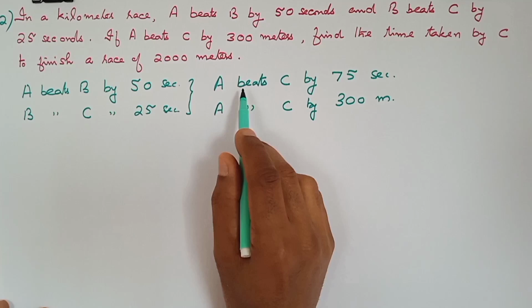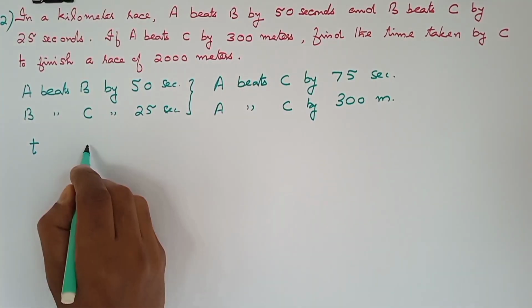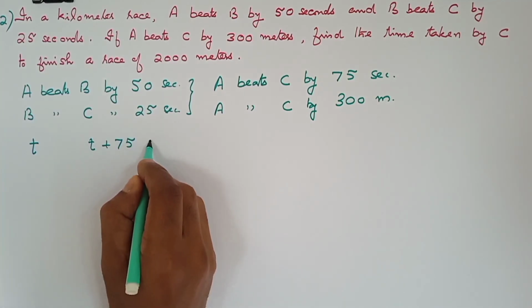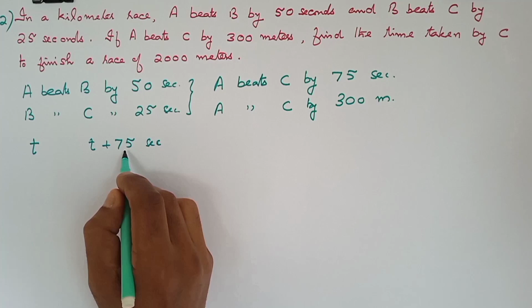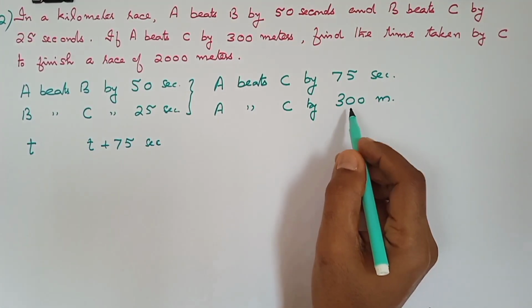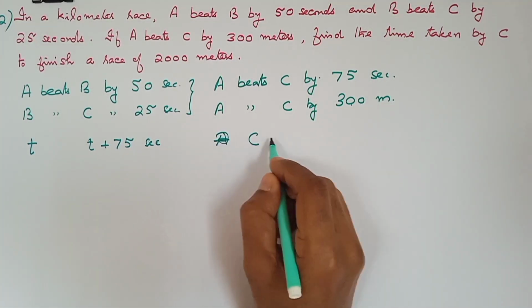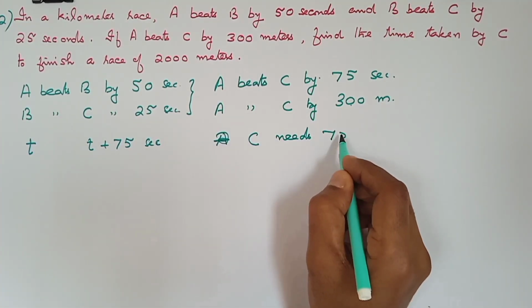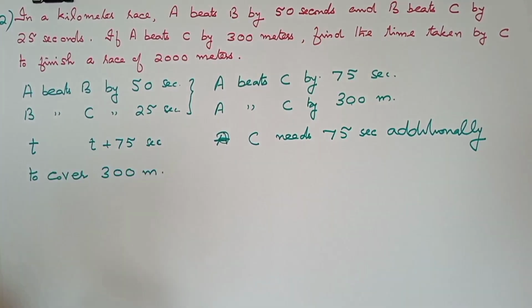And this shows, supposing A had taken, say, T seconds to finish the race, C will take T plus 75 seconds, which means C needs 75 seconds additionally to cover the additional distance of 300 meters. So combining these two, we can conclude that C needs 75 seconds additionally to cover 300 meters.